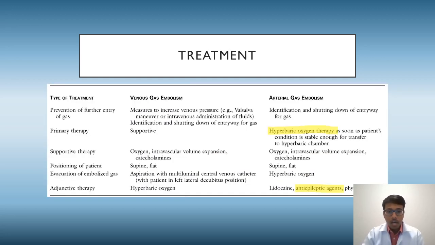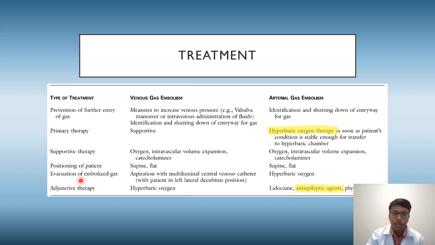So at last, coming to the treatment, it varies between the two types of gas embolism. It varies for the venous and the arterial, but the supportive therapy and the positioning of the patient stay the same. So for the patient of interest who has been experiencing this arterial gas embolism, the primary therapy would be hyperbaric oxygen therapy as soon as the patient's condition is stable.